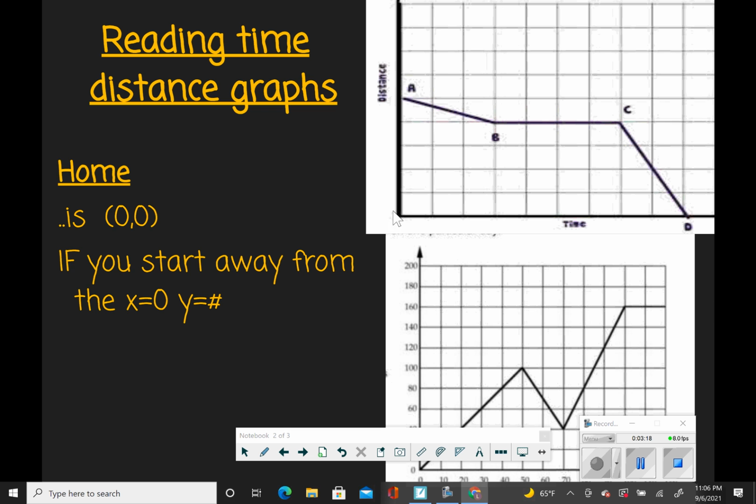So if the line starts right here, that means it is starting from home. But if the line starts anywhere away from 0, 0, that means it starts away from home. So on this graph, our object starts away from home. But on this graph, way down here, the object is starting from home.